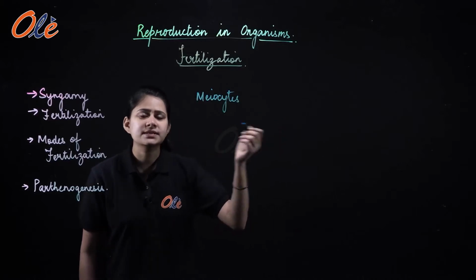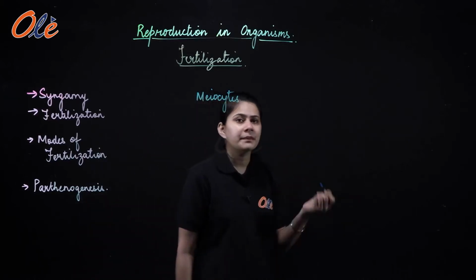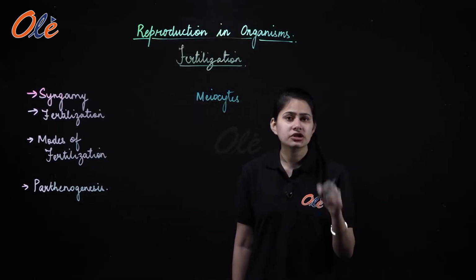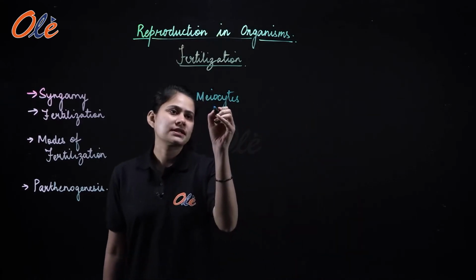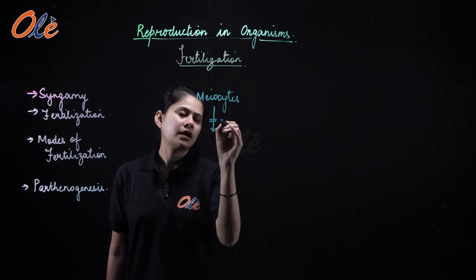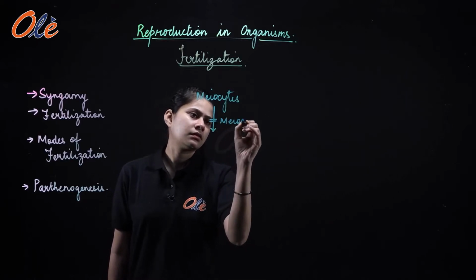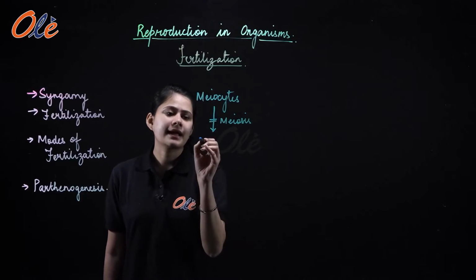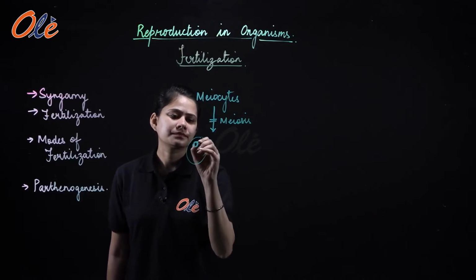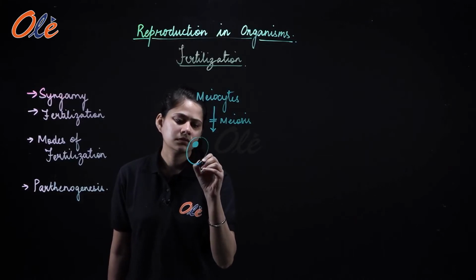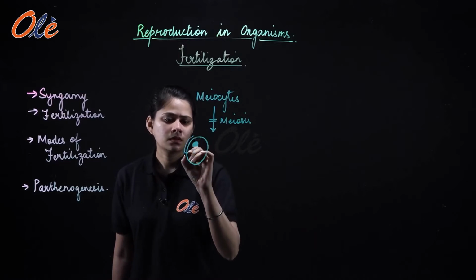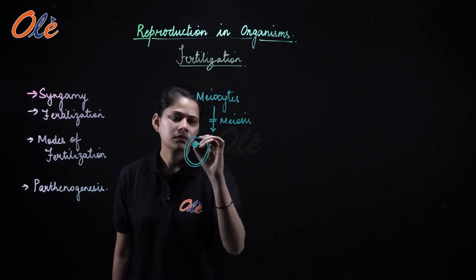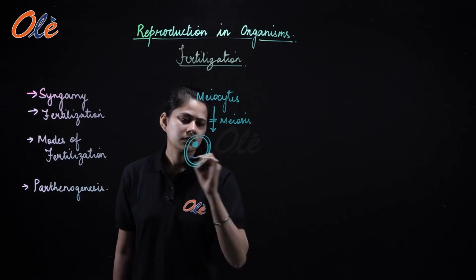the meiocytes, which are the germ mother cell, they undergo meiosis, right, to produce the gametes. So meiosis होगा and the gametes will be produced. So here I am drawing an egg or the ova as one gamete. Right?